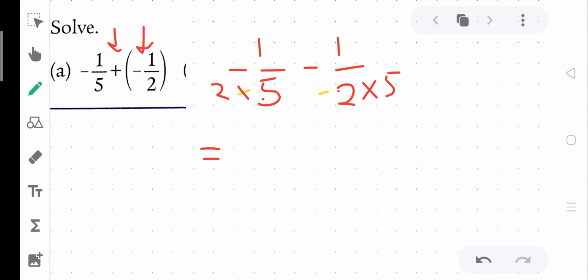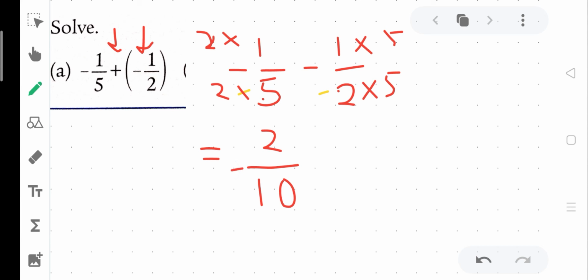So to make it the same, we multiply each other. The top also, don't forget to multiply by 2, and this one, don't forget to multiply by 5. So 2 multiplied by 1, we get 2, and the bottom 2 times 5 is 10.